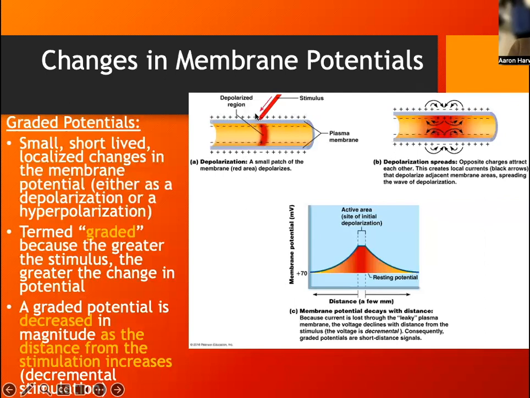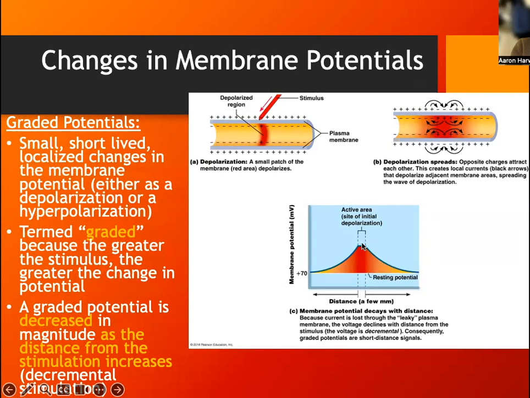So basically, a small patch of depolarization will spread through this localized graded potential. One area of depolarization will cause more areas of depolarization. And you can see here, this would be the localized active area, and then this is getting further away in distance.